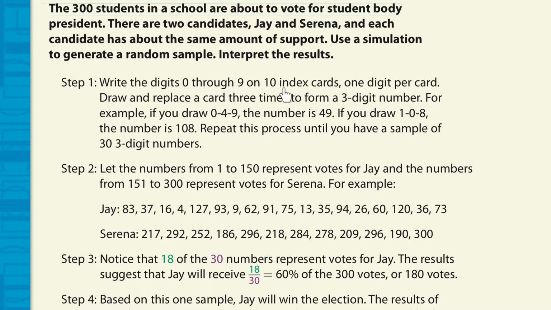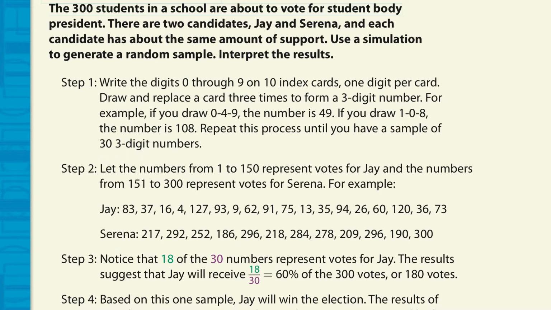0 through 9 on 10 index cards, 1 digit per card. Draw and replace the card 3 times to make a 3-digit number, because there's 300 students in there. That's 3 digits right there. And then repeat this process until we have a sample of 30 3-digit numbers.